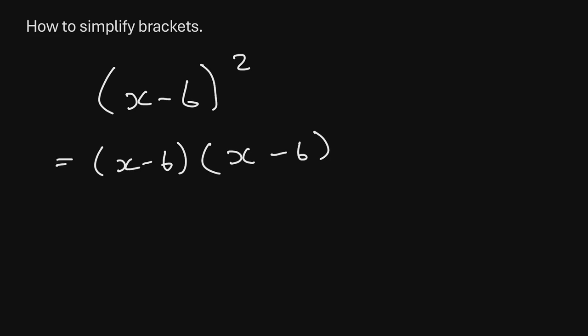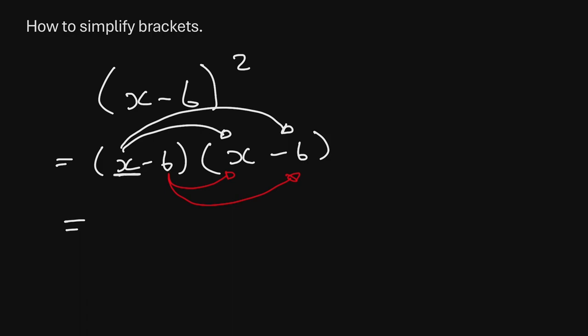To simplify this, we know everything in one bracket will multiply with everything in the other. So x will multiply with x, and x will multiply with negative 6. After that, negative 6 will multiply with x, and negative 6 will multiply with negative 6. First, x multiplied by x gives us x squared.